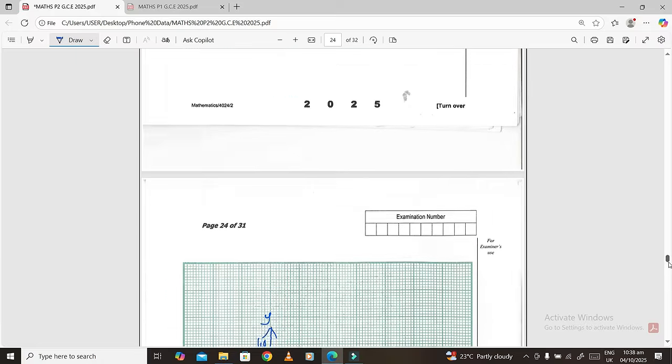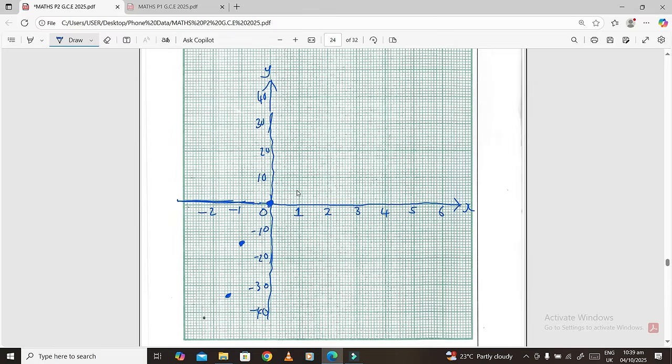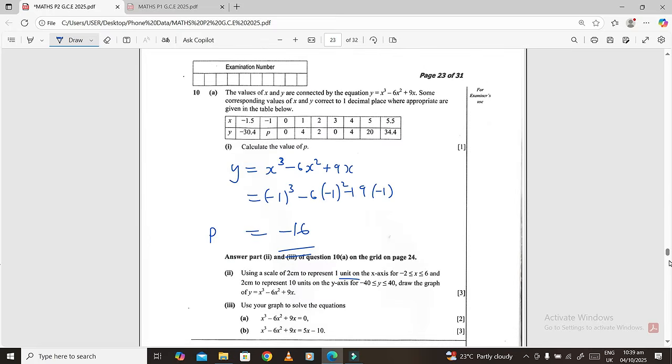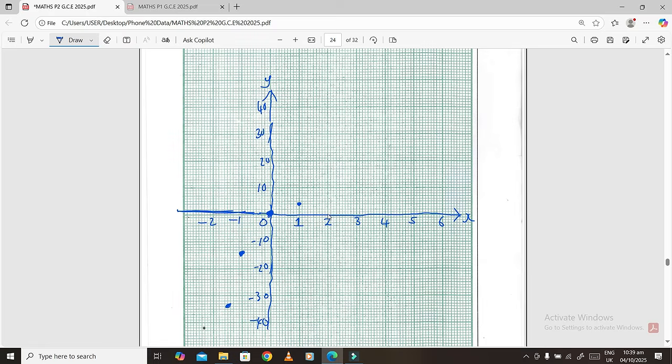I hope you're able to see these points. Next one is (1, 4). So 1, 1, 2, 3, 4. Okay, so don't mind very much my drawing. And then the next one is (2, 2). So 2, 2, supposed to be 1, 2, it's supposed to be here.